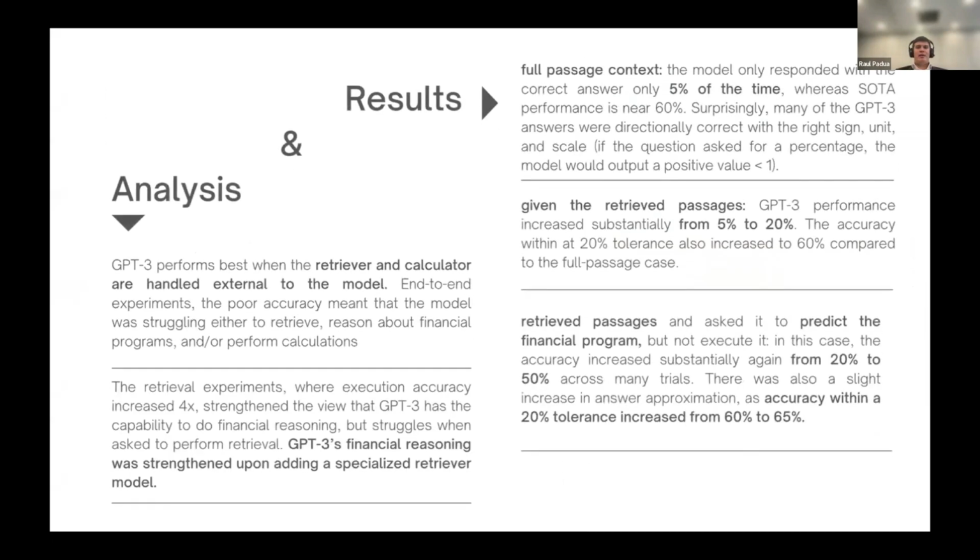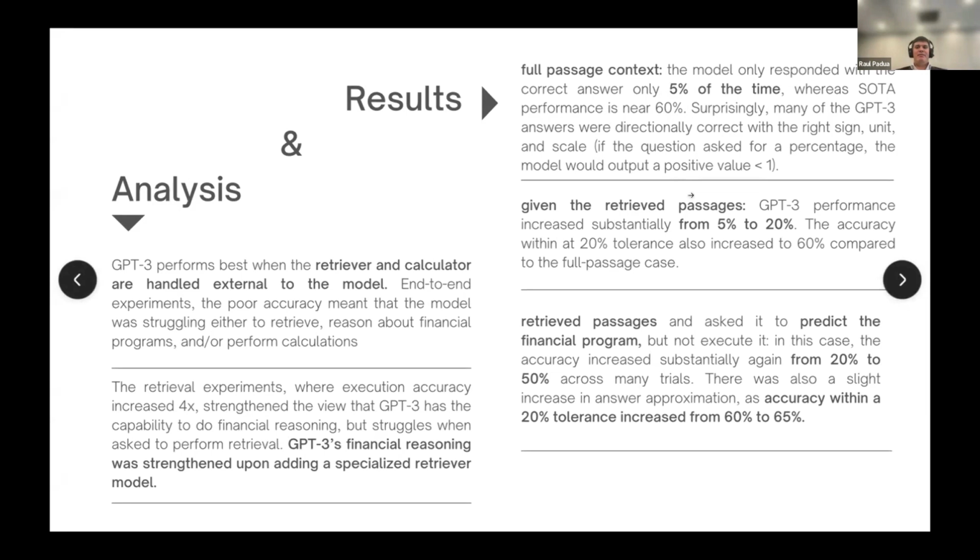As a result, you can see the full passage context. As I told you, the model only performed correctly about 5% of the time with zero-shot, but the near state of the art is near 60%. When we relax the tolerance a little bit, the answers pointed to the level of accuracy that we could find.